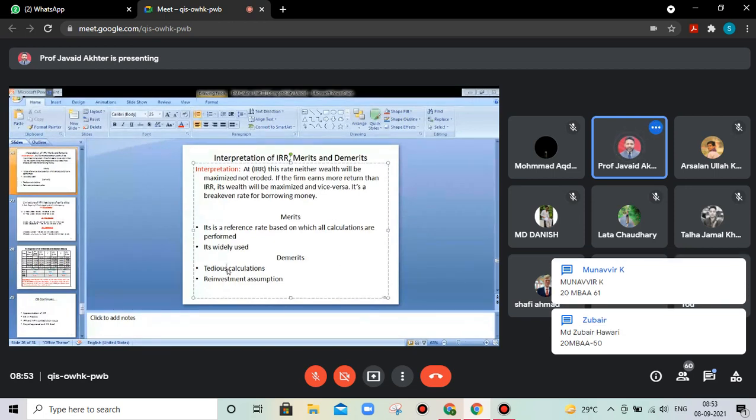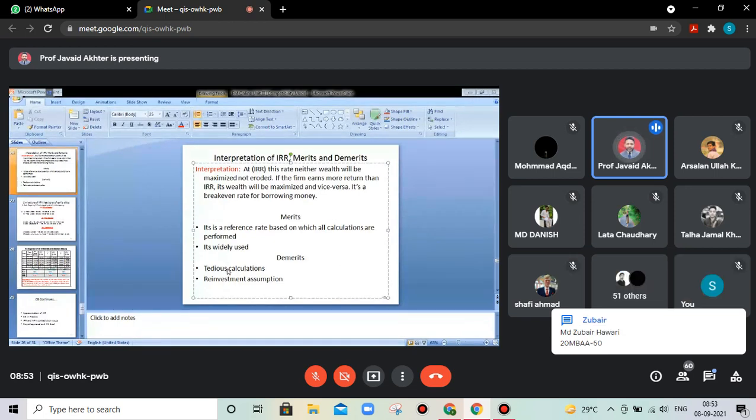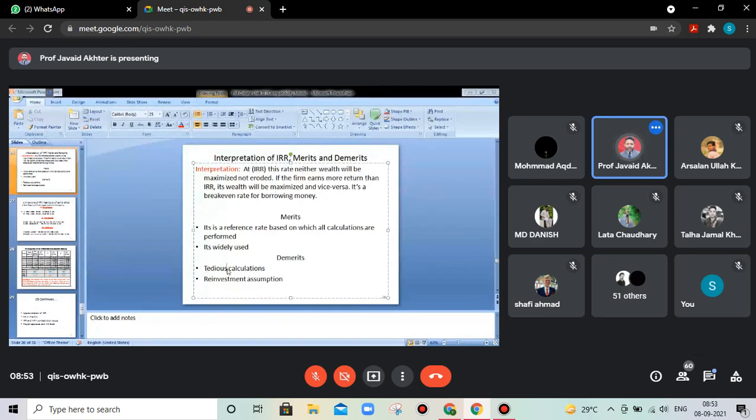So this is what we close our discussion on. However, in order to arrive at an approximate rate, there is a procedure. I'll explain the procedure, and also why to adopt that procedure.